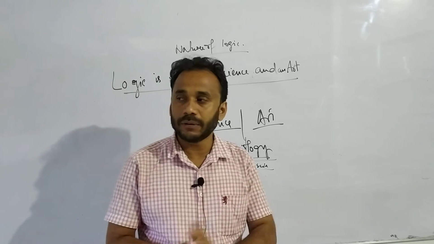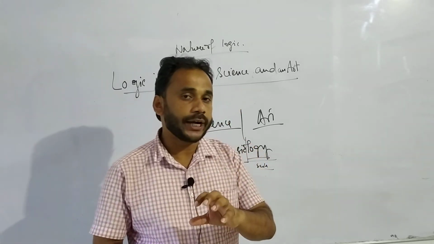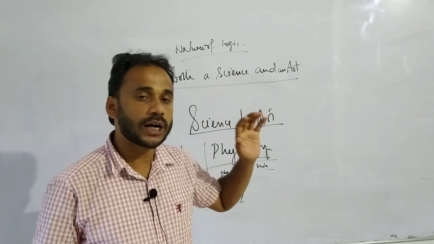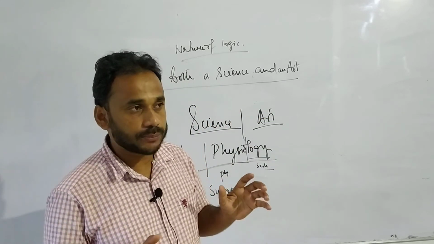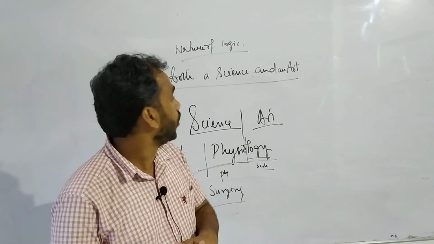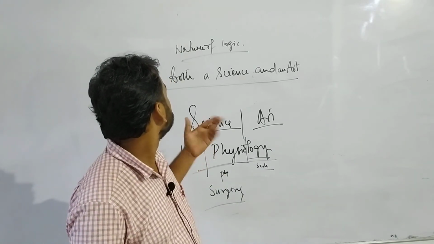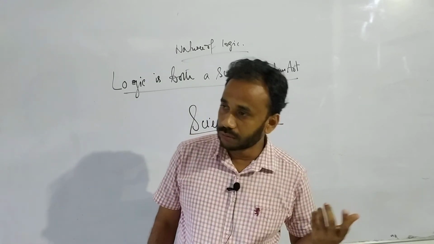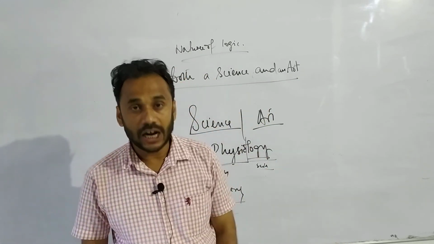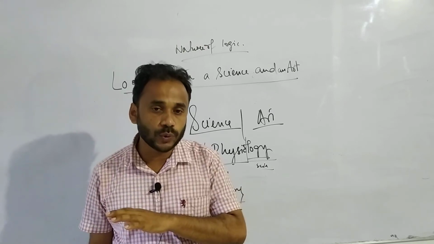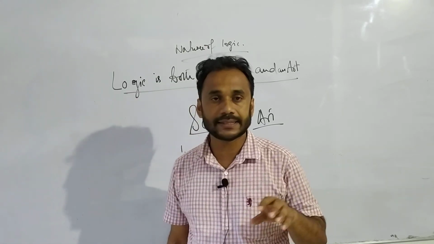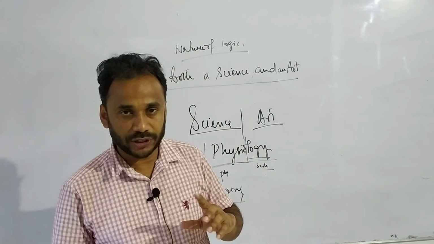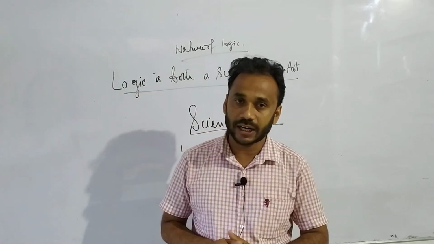One thing to keep in mind is that the third point on the nature of logic is that it is a science, and also an art. For this, we first need to know what a science is and what an art is. Three questions arise: what is a science, what is an art, and what is the difference between them.